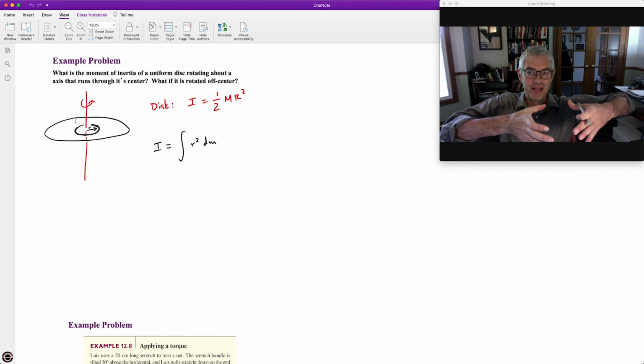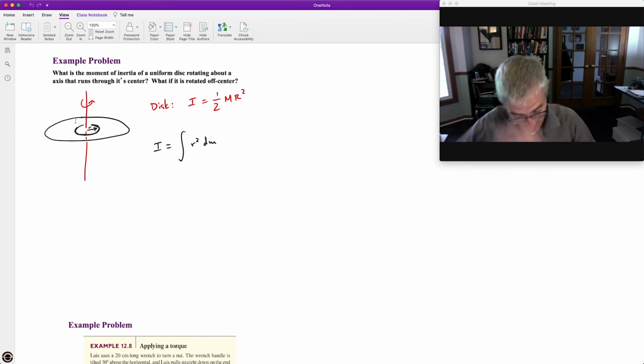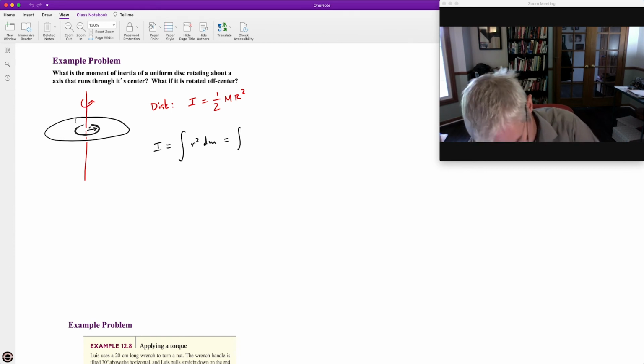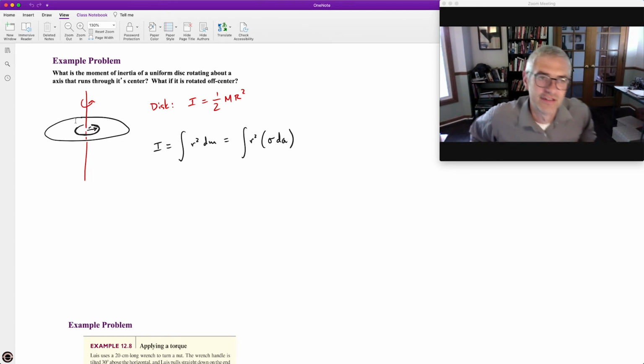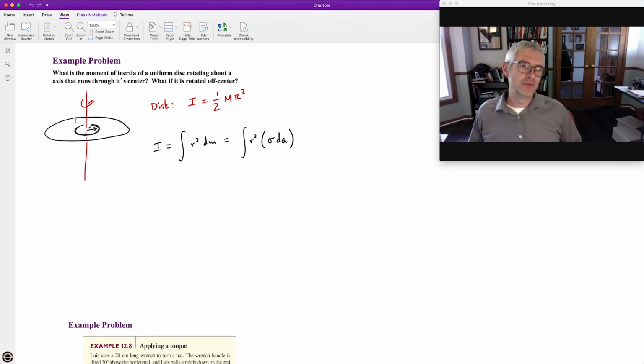And then add that to a little bit bigger ring, and a little bit bigger ring, and a little bit bigger ring inside of here. Okay, so this becomes my integral. It's a 2D surface, so we go r squared, and then that dm, I'm going to change it to sigma dA in that case. Or if you want to cut to the chase, maybe you've been doing multivariate calculus, you say, well, it's cylindrical symmetry, so I want to use r dr.